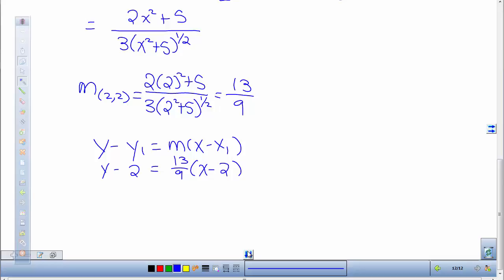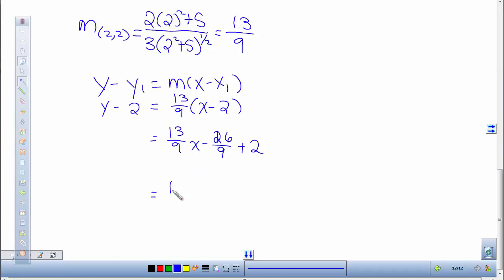And so we get 13 ninths x minus 26 ninths plus 2. 2 is going to be how many ninths? 18 ninths. So negative 26 plus 18 is going to be negative 8, minus 8 ninths. Okay.